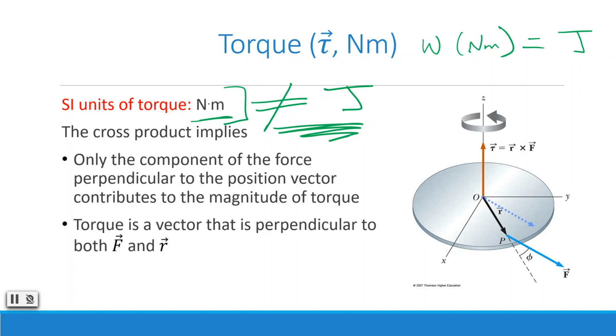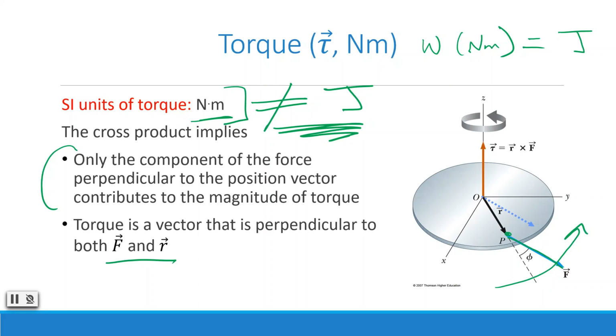In general, what the cross product tells us is that only the components of the force that's perpendicular to the position vector contributes to the magnitude of torque, and the resulting torque is perpendicular to both the force and the radius. So when we look at that cross product, let's say I have this force being applied here, that's going to cause a rotation in this disk.